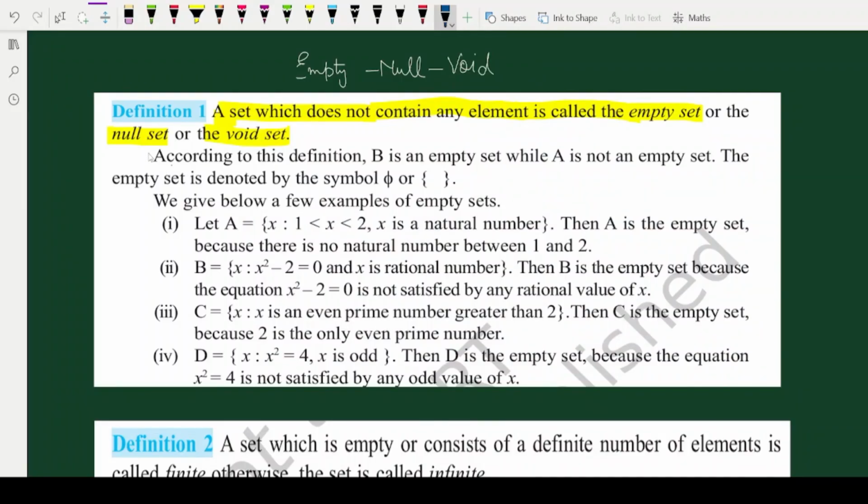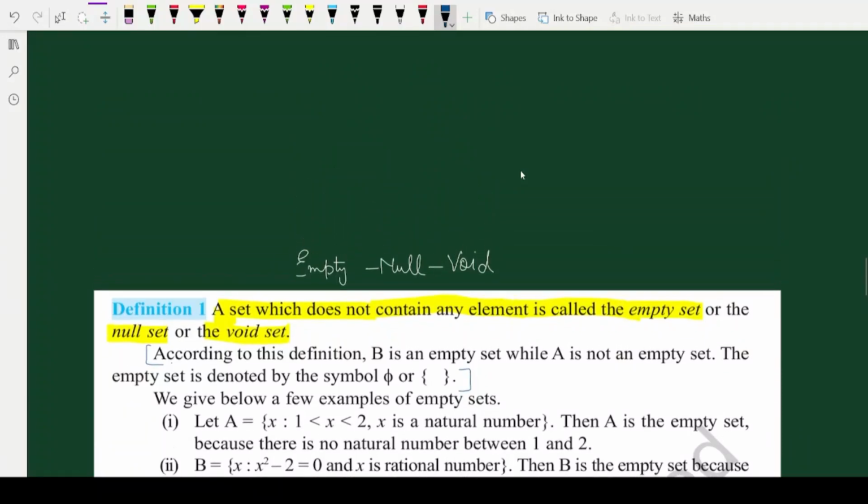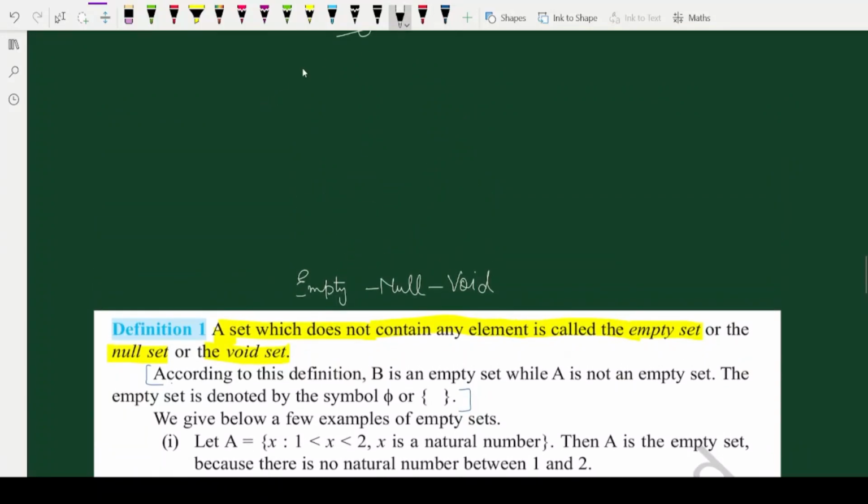This example is very good, and it is given in NCERT. Let set A be the number of students studying in class 11, and set B be the number of students studying in both class 11 and class 10.